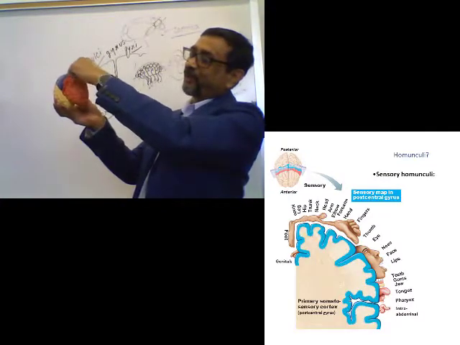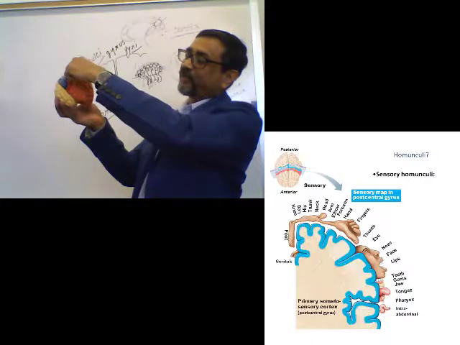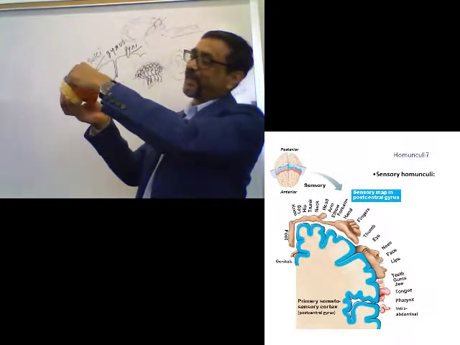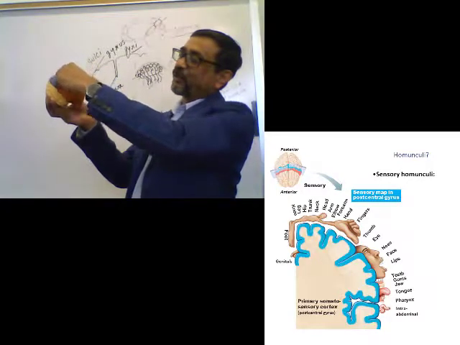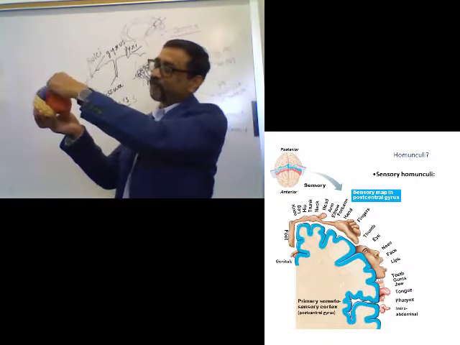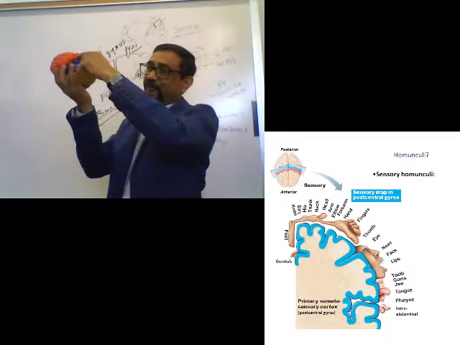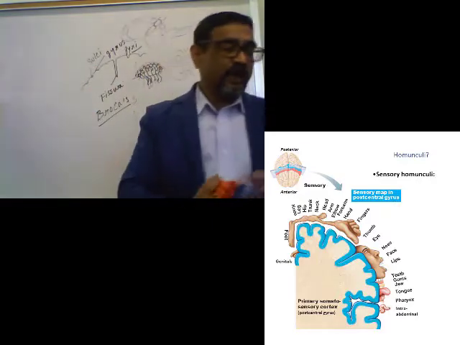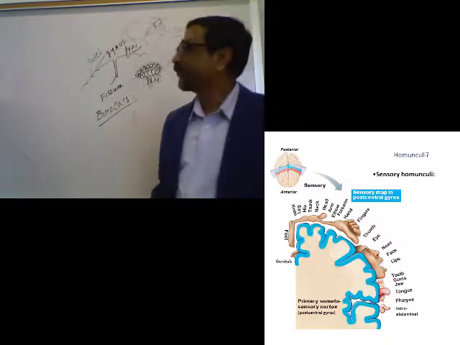So in front you have primary motor cortex, behind primary somatosensory cortex. Your entire body map is present in those two gyri, in primary motor and primary somatosensory. Same on this side. Those are called homunculi, maps of the entire body.